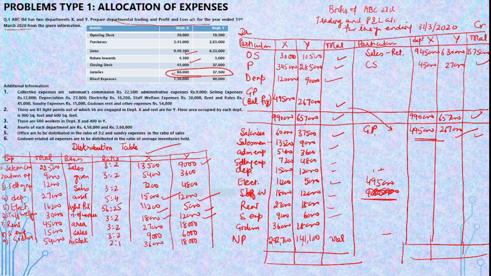And if some expenses are like financial or legal charges, for which we do not find any suitable base, then these are written in the total column, not in the individual columns, and the net profit will be adjusted for the business as a whole.